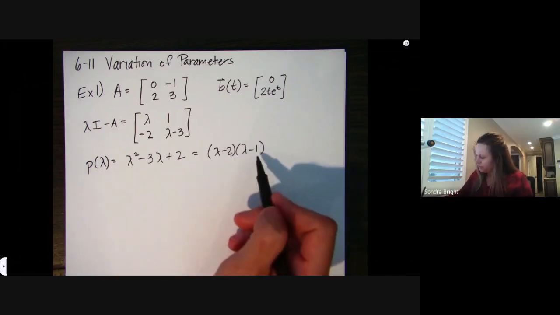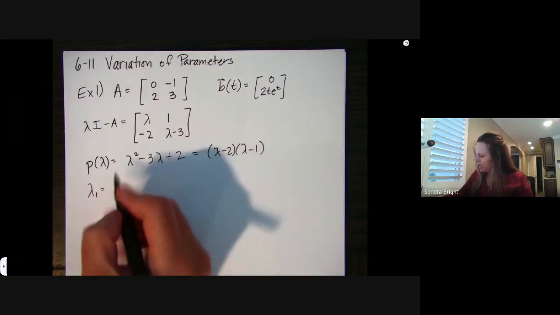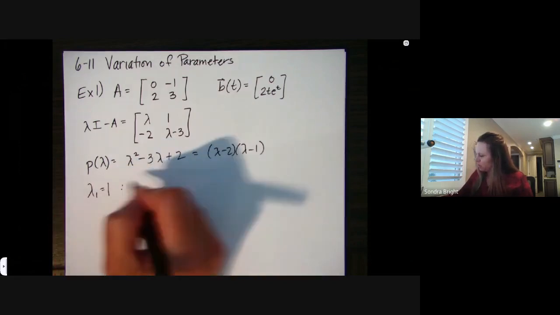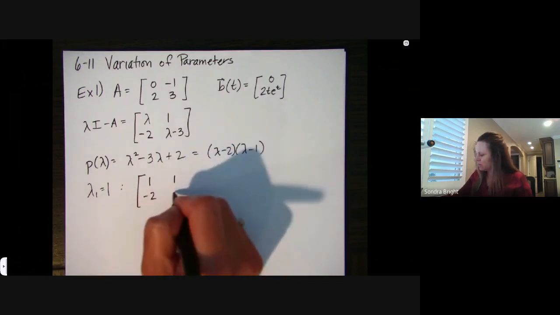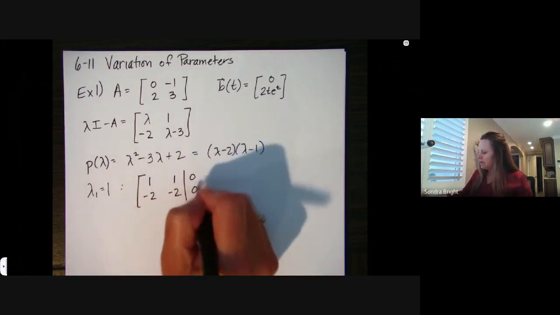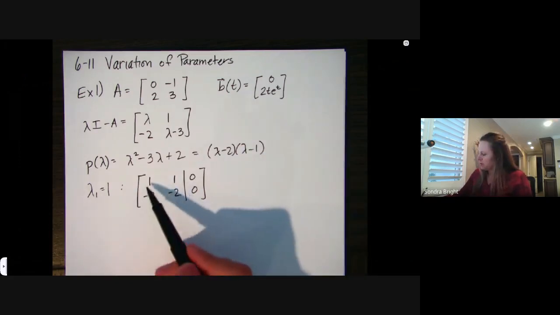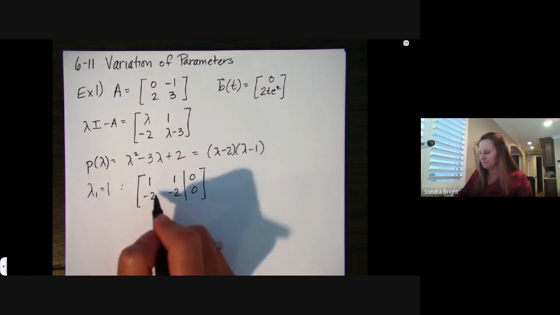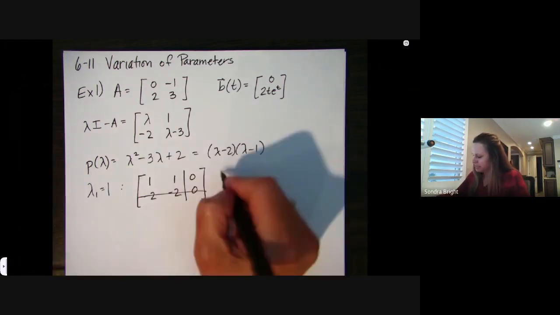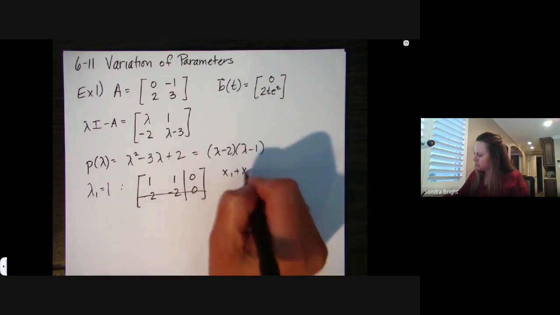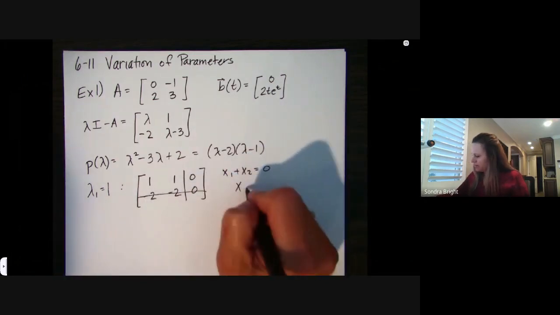For the first eigenvalue, let's say it's 1, plugging that in would give me 1, 1, negative 2, negative 2. We're solving when this is equal to 0. Obviously I could multiply 2 times row 1, add it to row 2, and that'll zero out row 2. I'm just being lazy. x1 plus x2 equals 0 is what the first row tells me, which means x2 is equal to negative x1.